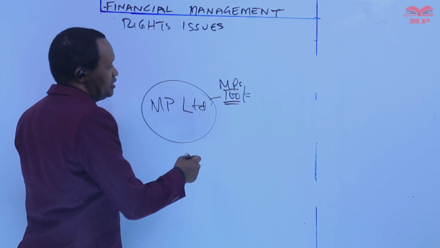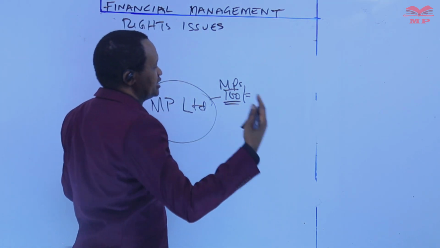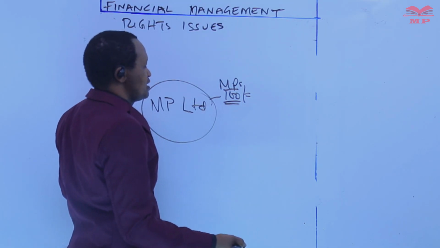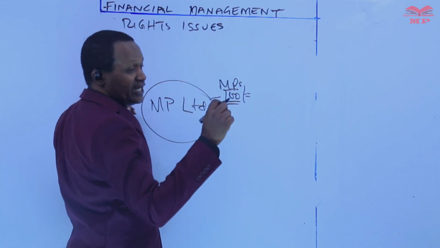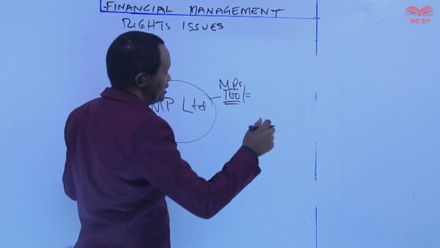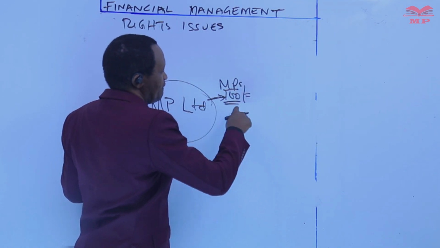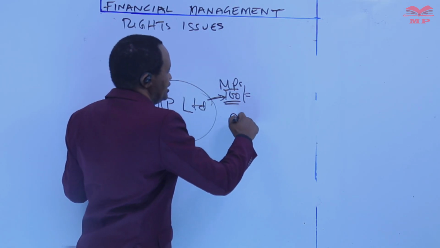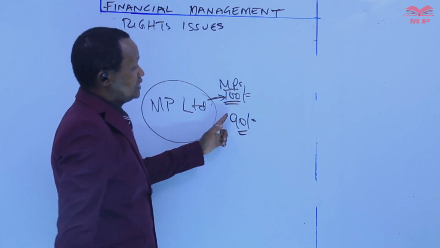MP may issue shares to existing shareholders at a discount. That means instead of the existing shareholders buying at 100, they may buy at, say, 90 shillings per share. That is a discount.